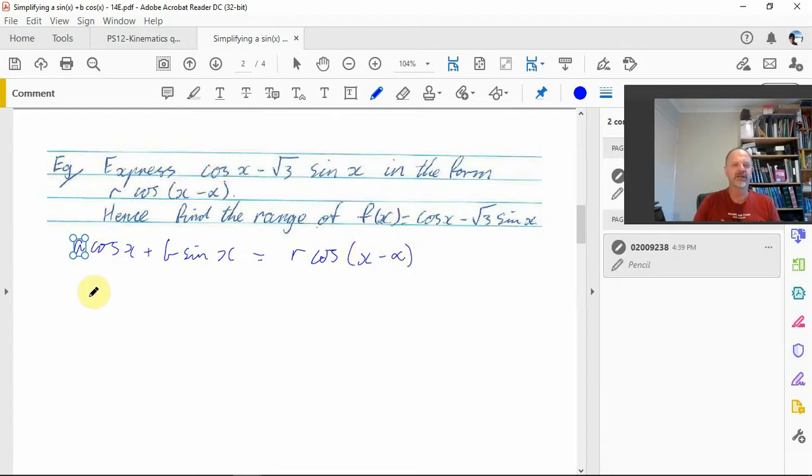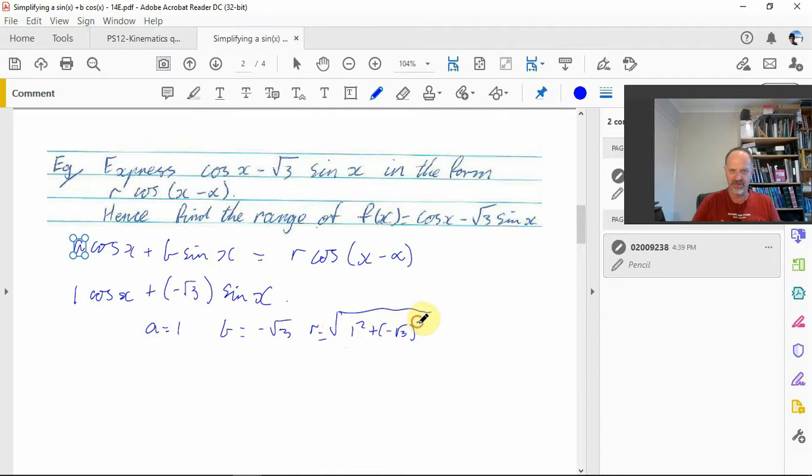Now, what we've got here is 1 cos x plus negative root 3 sin x. So a is equal to 1 and b is equal to negative root 3. For our r, r is the square root of 1 squared plus negative root 3 squared, which is the square root of 1 plus 3, which is the square root of 4, which is 2.